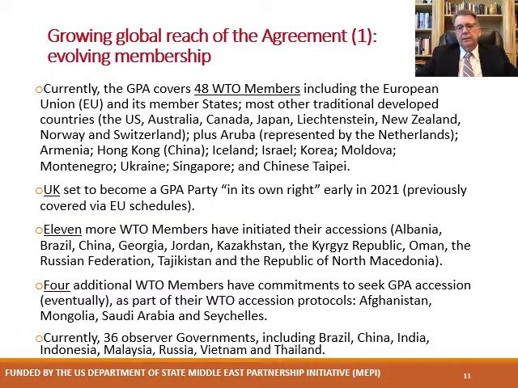And in terms of further developments, it's interesting: the UK is set to become a GPA party in its own right early in 2021. Until now, it has been covered through the EU schedules because, of course, it was a member of the EU for a long time.